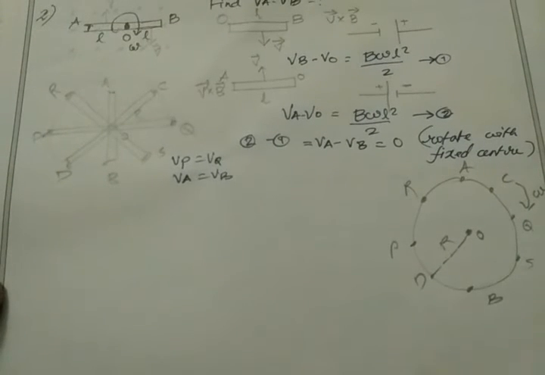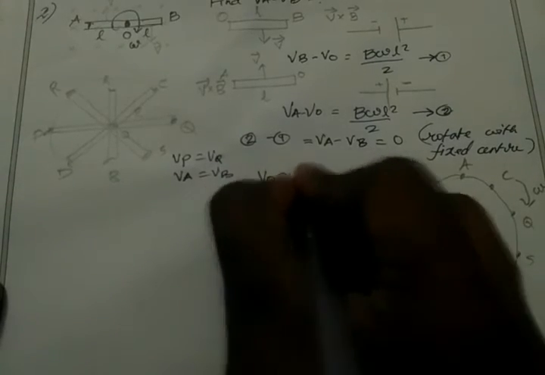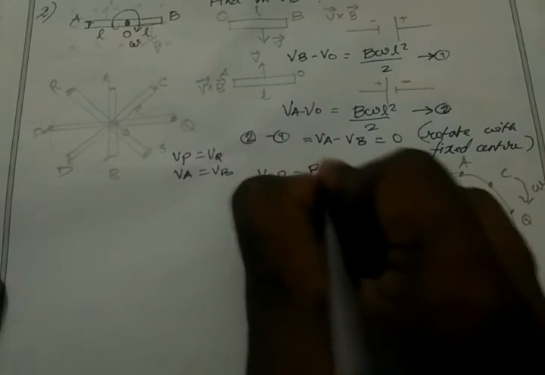Because for the center point I got the same equation, that is VOD. So our VOD will be B omega R square divided by 2.